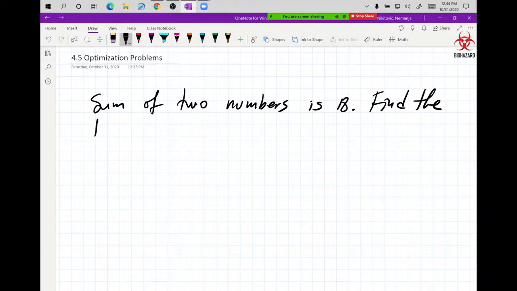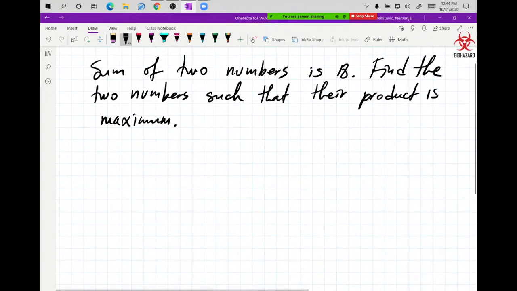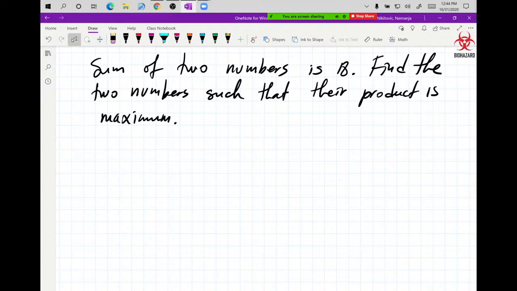Find the two numbers such that their product is maximum. So you want to figure out which numbers that add to 18 would give you a maximum product. We can just do the guess and check method.